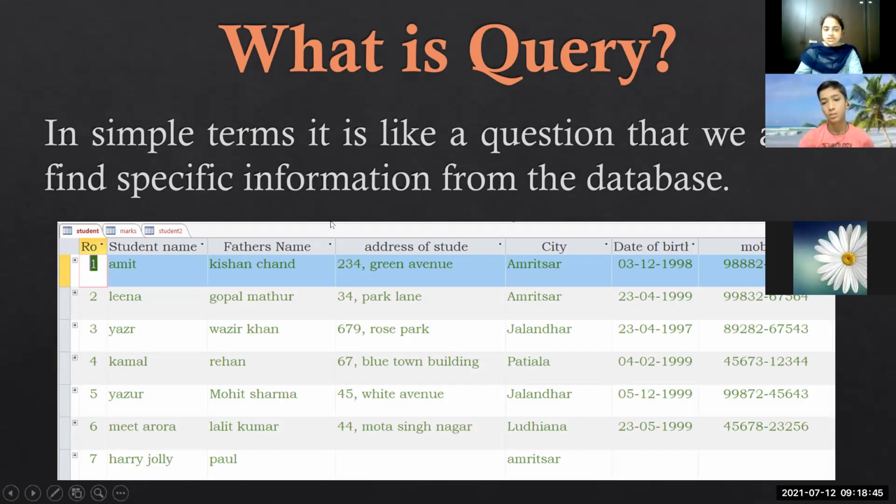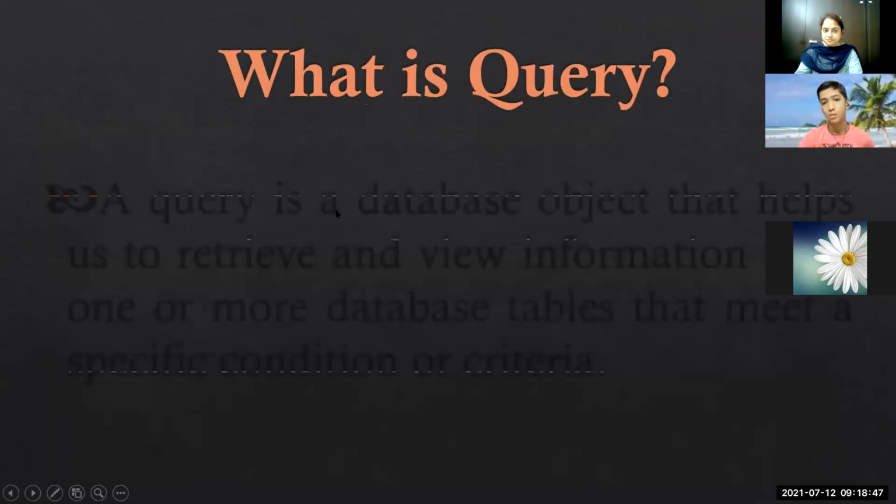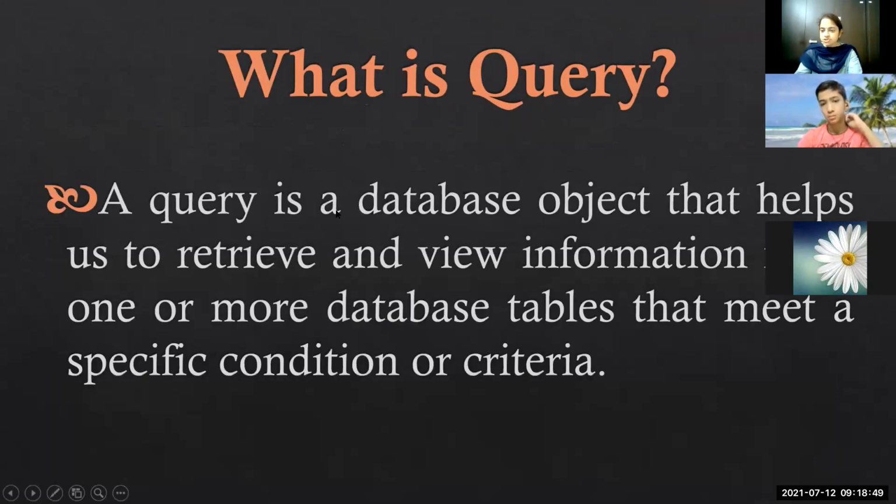Okay. Definition. What do you mean by query? A query is a database object that helps us to retrieve and view information from one or more database tables that meet a specified condition or criteria. That means any criteria or condition that we specify can filter the data either from one table or from multiple tables at a time.